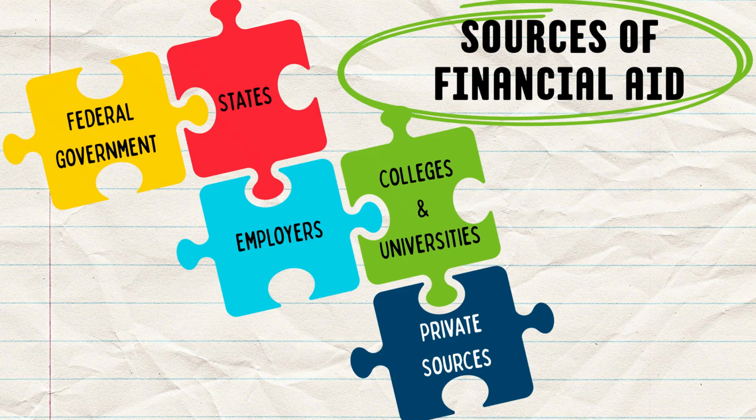Then we have Federal Plus loans, which are loans for parents of dependent undergraduate students, as well as graduate or professional students who are borrowing on their own behalf. It is non-need based, and the amount is based on the cost of attendance minus other aid. The borrower must not have any kind of adverse credit or must have a credit-worthy endorser.